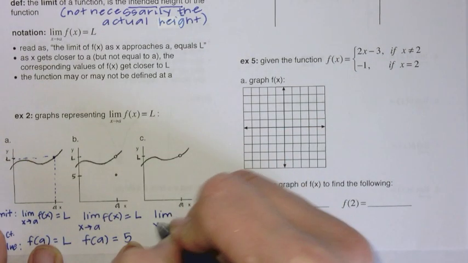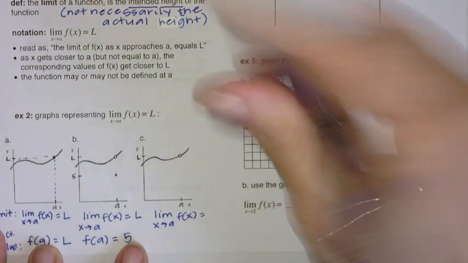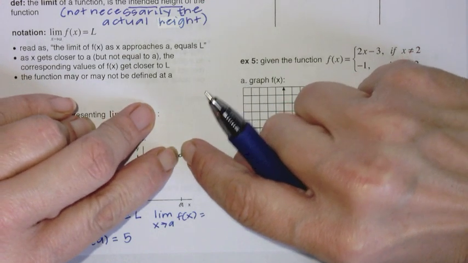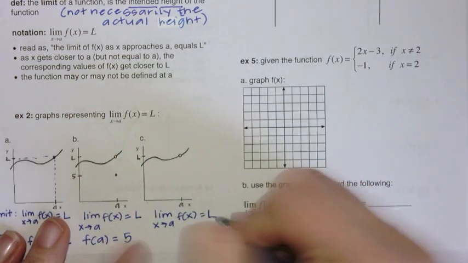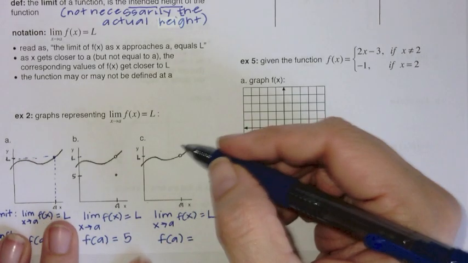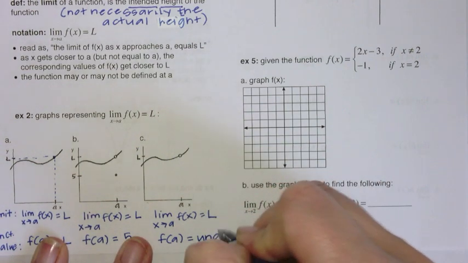Okay, the limit as x approaches a of f of x equals, so as I get closer and closer to that x value, my function intends to go through L. What is f of a? Well, there's no part of the graph that actually touches it, so this is undefined.